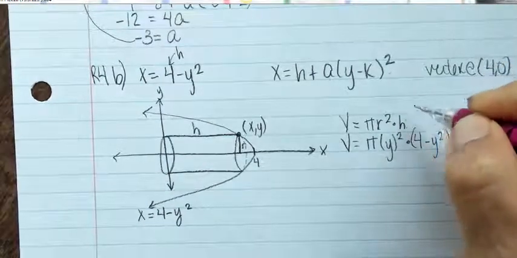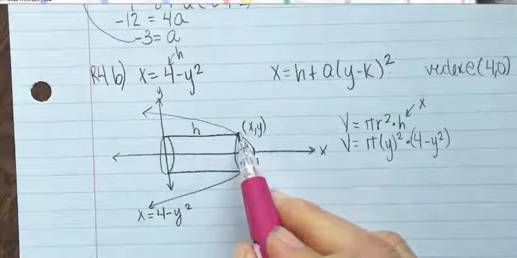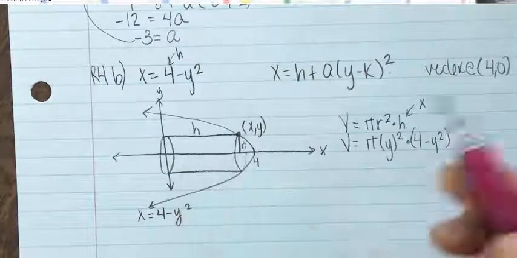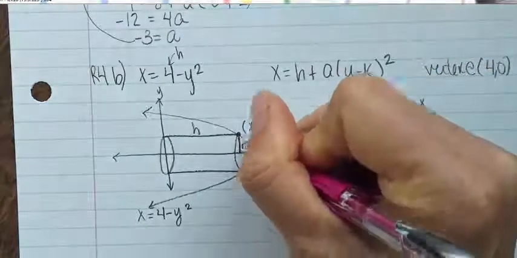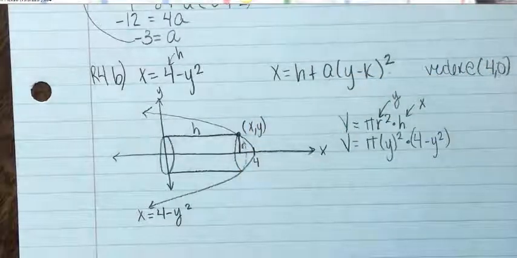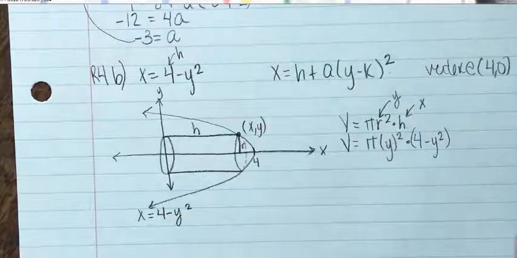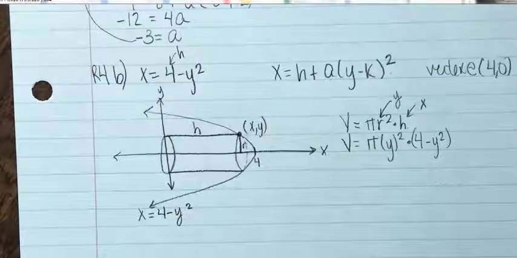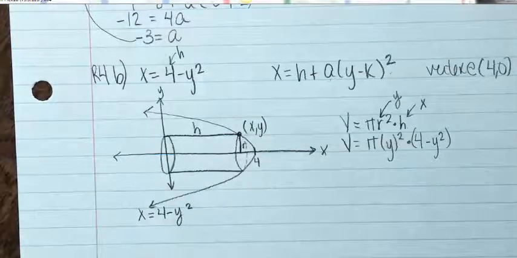So my height is actually my x value, my horizontal coordinate. And my r is my vertical coordinate, or my y. I had a value for x in terms of y, so I just put all that in there. From here it gets really simple. You don't even have to simplify that if you don't want to.